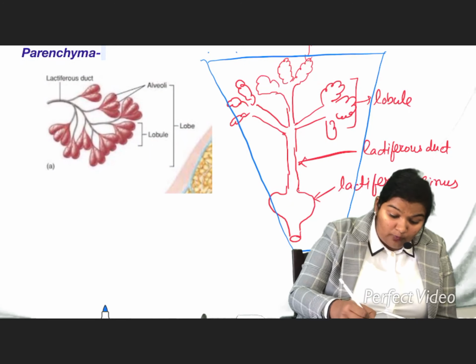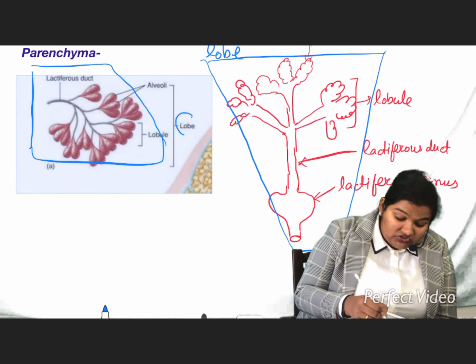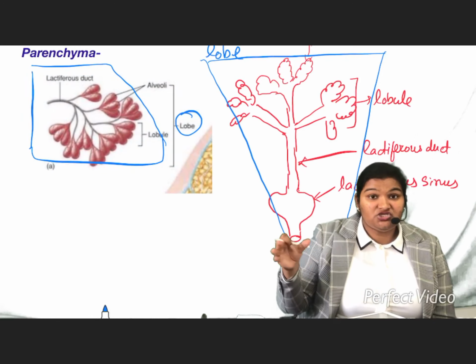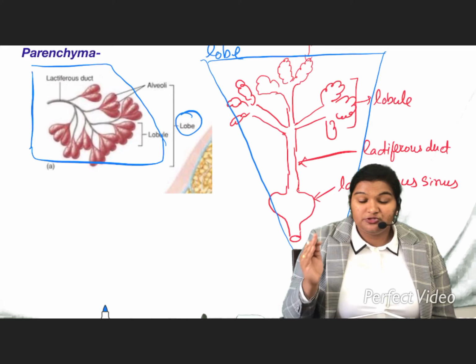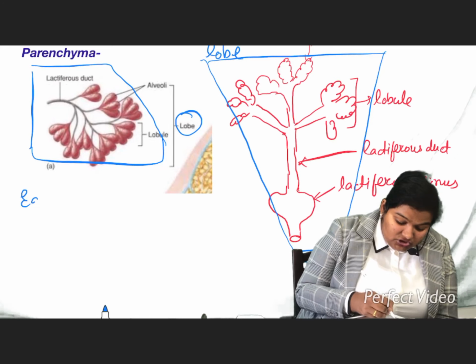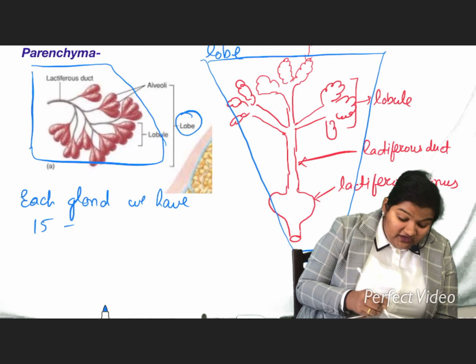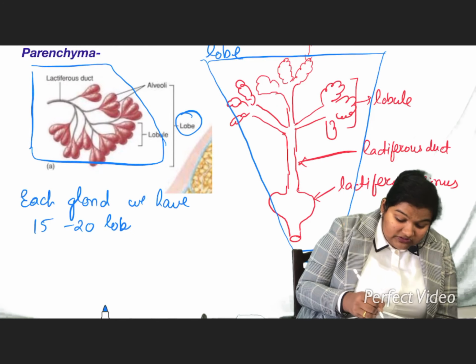This whole structure you can see of alveoli and duct is called a lobe, and in each gland we have 15 to 20 such lobes present.